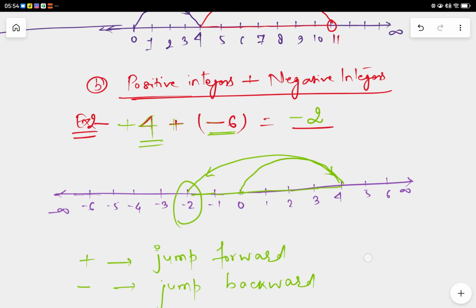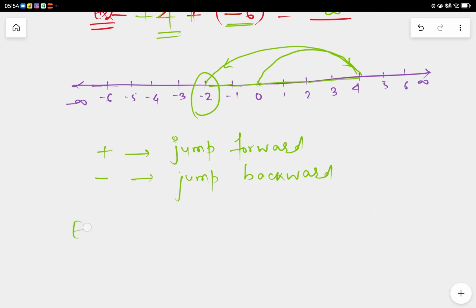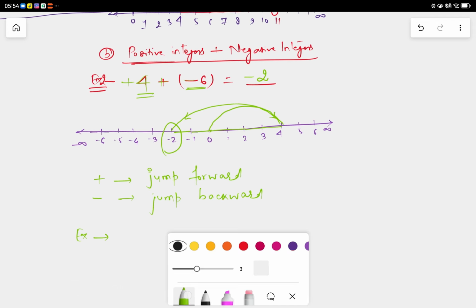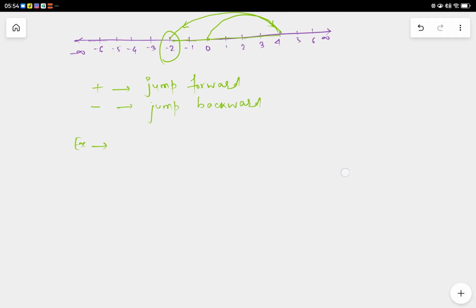Now let us do one more example, because this is important from an understanding point of view. 6 plus, we have to add a negative integer, -10. Let us do it. And what do we have as the answer? See here, 10 is bigger than 6, so that's why the sign of the 10 will be here.